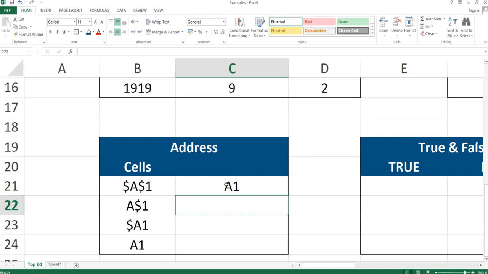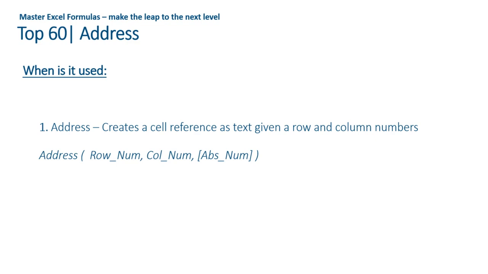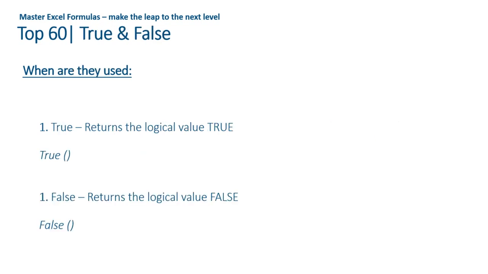And just going back to the presentation now, the next 2 formulas are TRUE and FALSE. I'm not really sure how often you will come across these formulas, or need to use them, but they're quite useful as well, especially when you need to put in a specific range, let's say the values of true or the values of false, and so on.